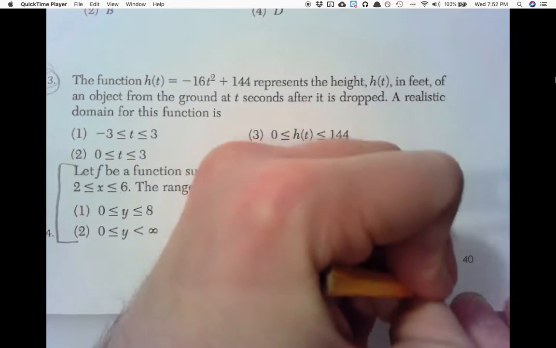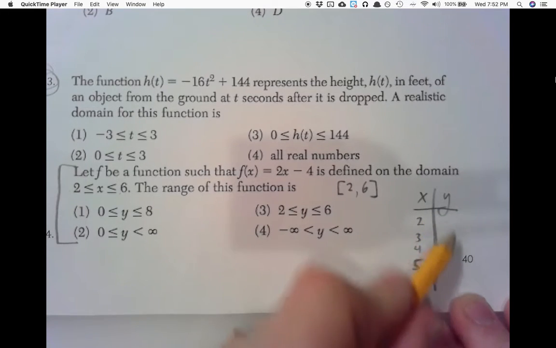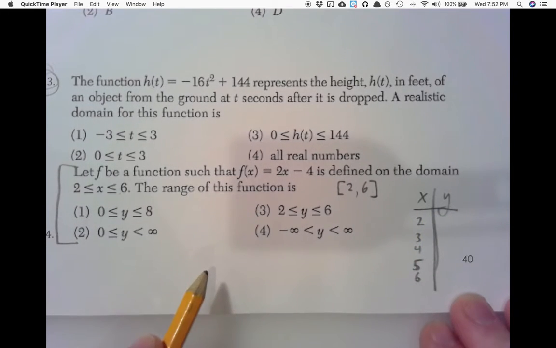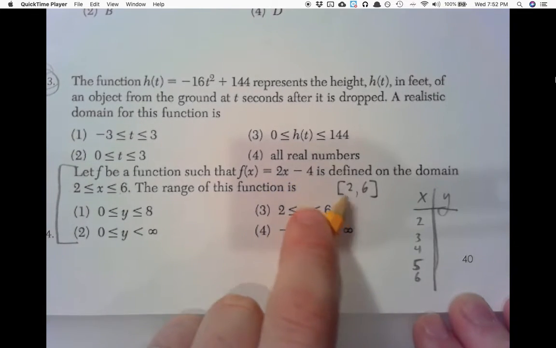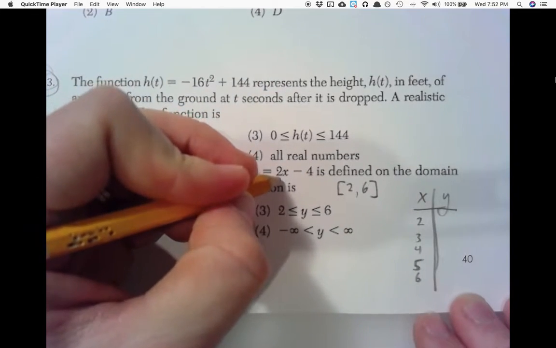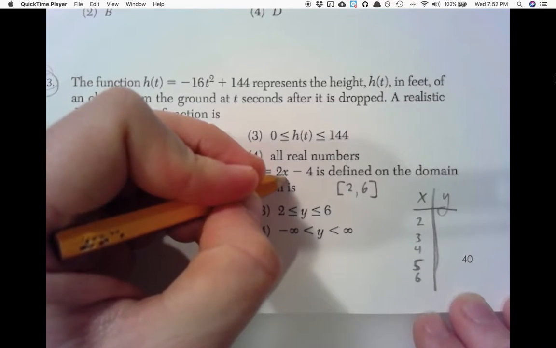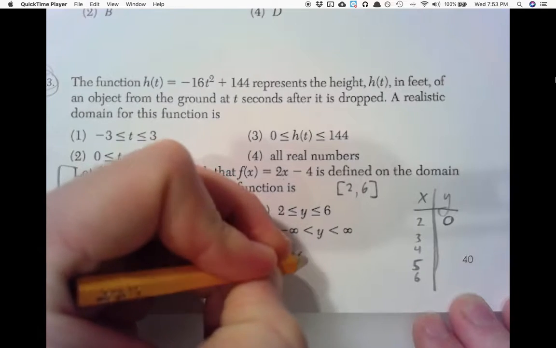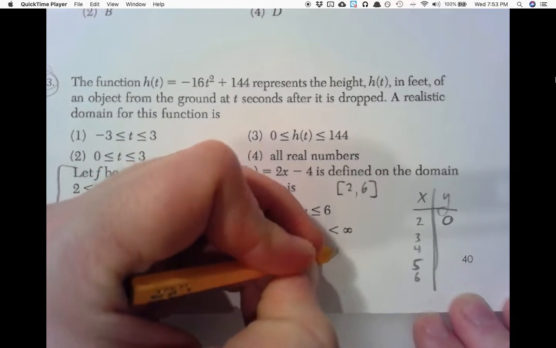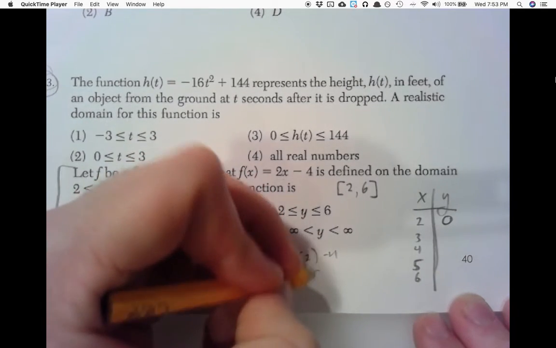If I start filling this table out and figure out what my y's are going to be, it should start giving me information about my range. So 2x minus 4 when my input is 2: 2 times 2 is 4, minus 4, my output will be 0.